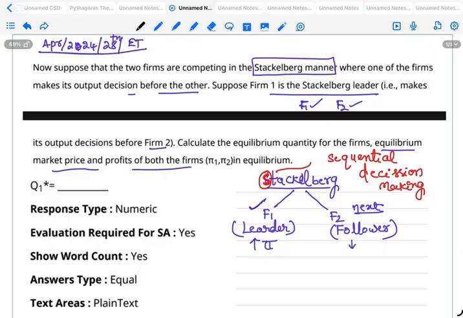The leader has an advantage, and first he chooses the production quantity QL. Then the follower decides on his own production quantity based on the leader's decision. In game theory, this is related to backward induction.